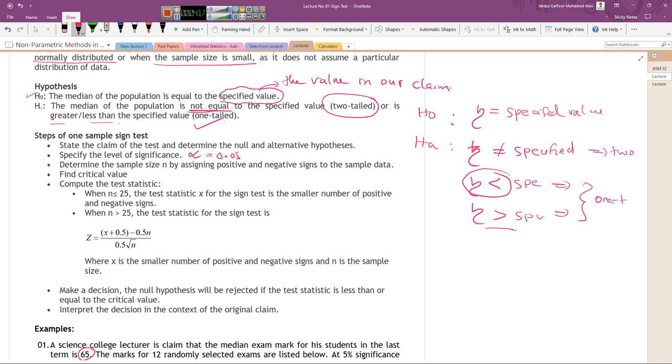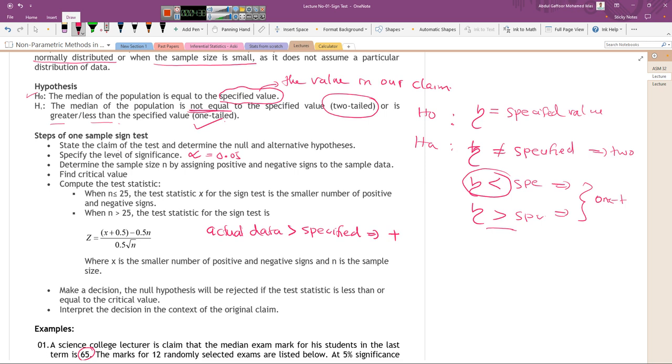Here we compare each actual data point with the specified value. If our actual data is greater than the specified value, we assign a positive sign.